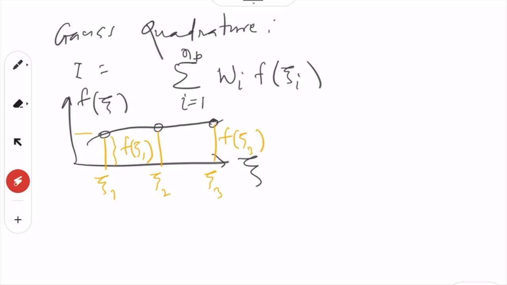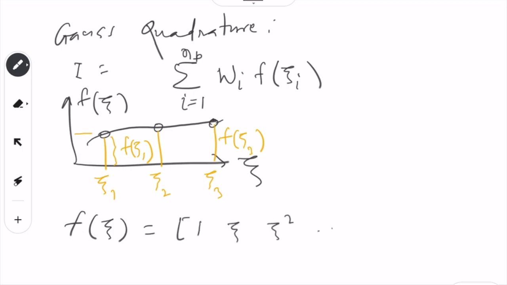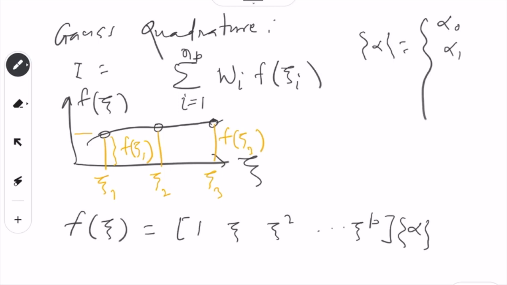Let us say the function we already know is equal to 1, xi, xi square and so on up to xi to the p, times alpha, where the alpha vector is nothing but alpha naught, alpha 1, alpha 2 up to alpha p.